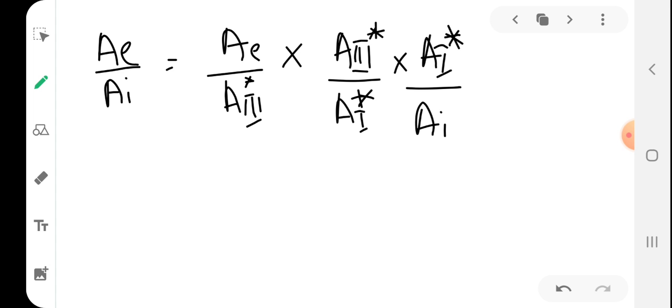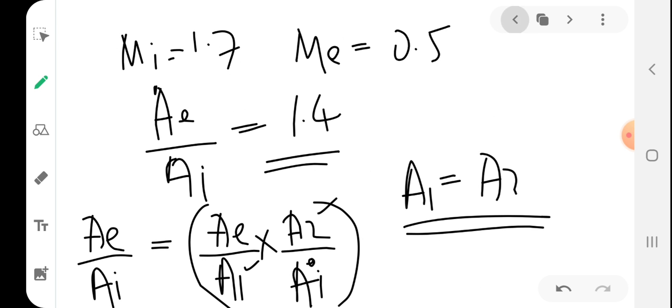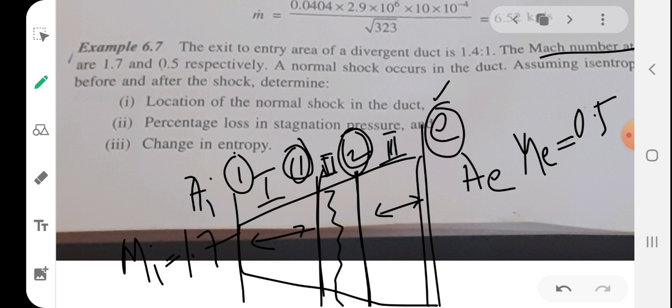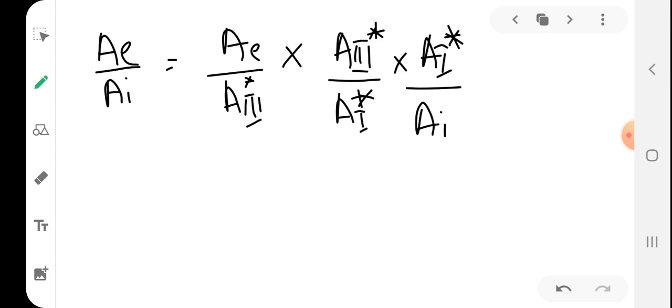Now students, have a look at this equation. AE by A3 star is the exit area over the critical area in the third region. Since this flow is isentropic, you can get this value based on Mach number ME from the isentropic table.